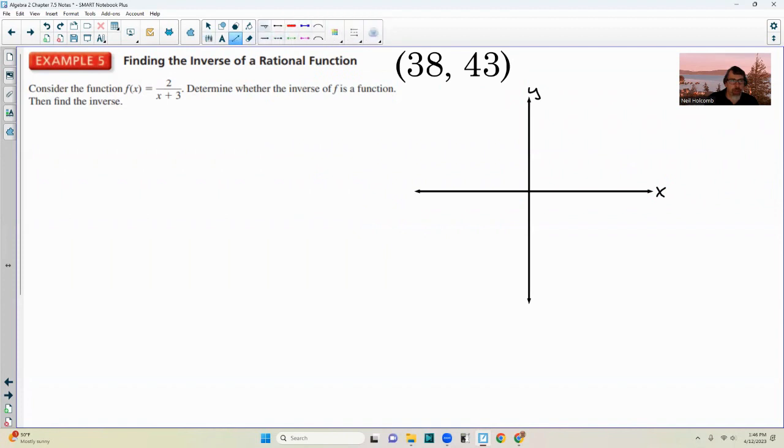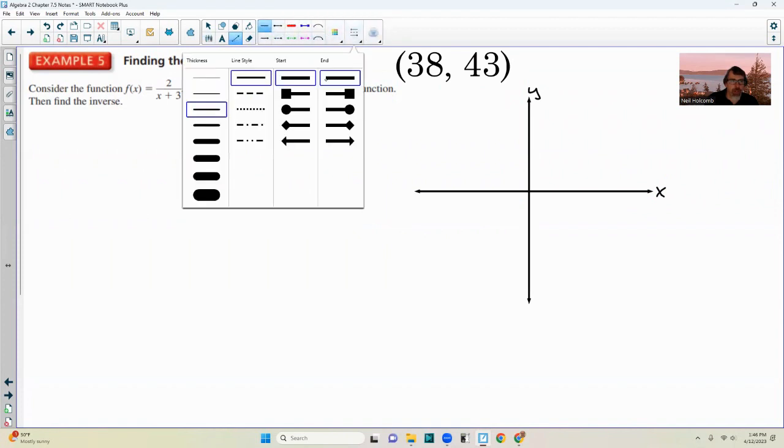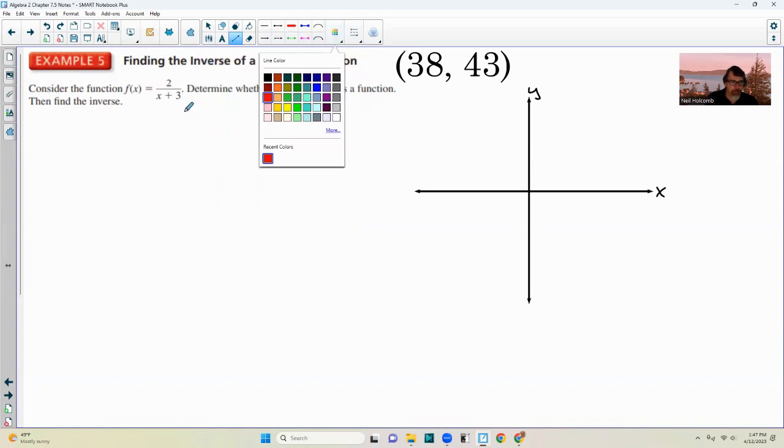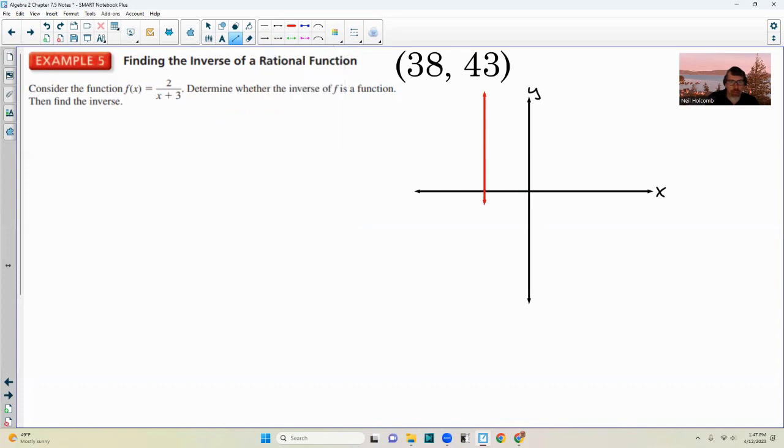Okay, then I know where my vertical and horizontal asymptotes are. Let's make that a little thinner and let's make it red. So in order for this to be a vertical asymptote, the denominator has to equal 0. So -3 plus 3 is 0. So if I went over 1 to, let's say -3 was here, and let's make that dashed.